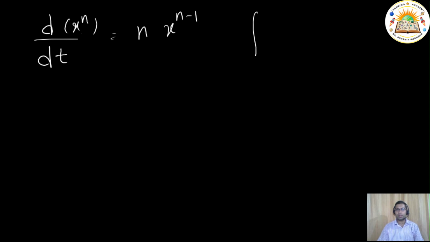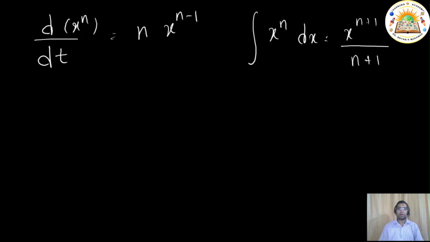This is differentiation. And for integration, if I have x to the power n dx, this is going to be x to the power n plus 1 by n plus 1. We're just going to use these two formulas to do the integration and differentiation.